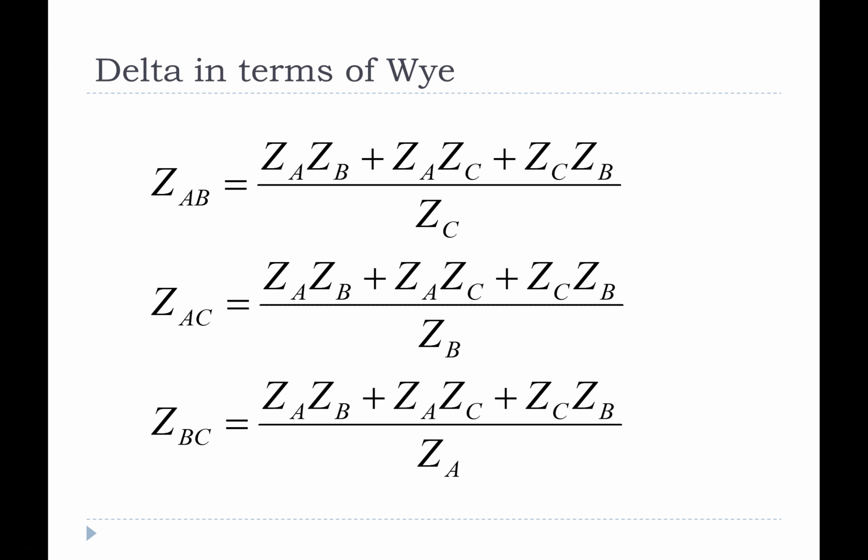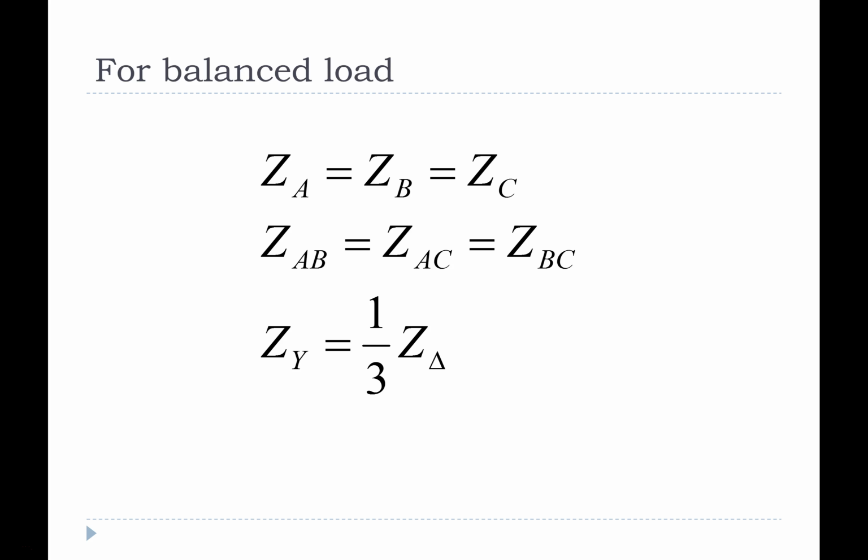The other way we could do it is to find ZAB, ZAC, and ZBC in terms of ZA, ZB, and ZC. So this is if we want to go to the delta in terms of the Y. It's the same process of substitution, just done the other way to find ZAB, ZAC, and ZBC instead of ZA, ZB, and ZC.